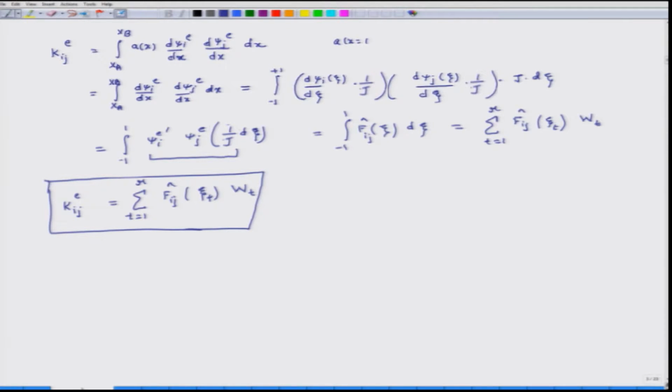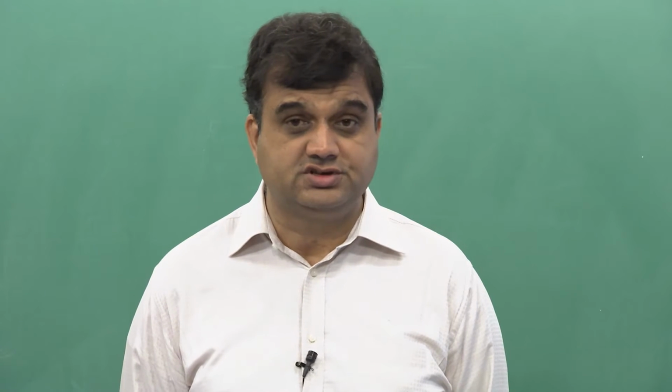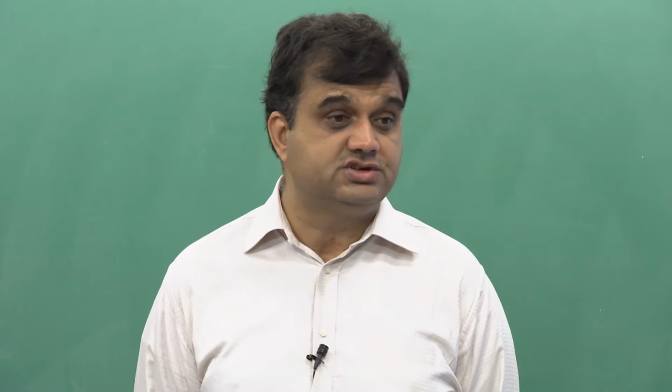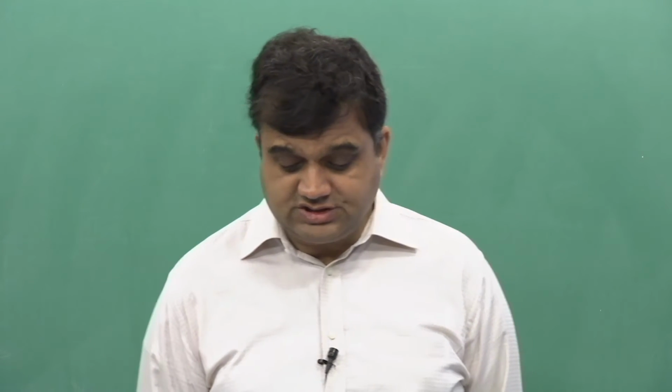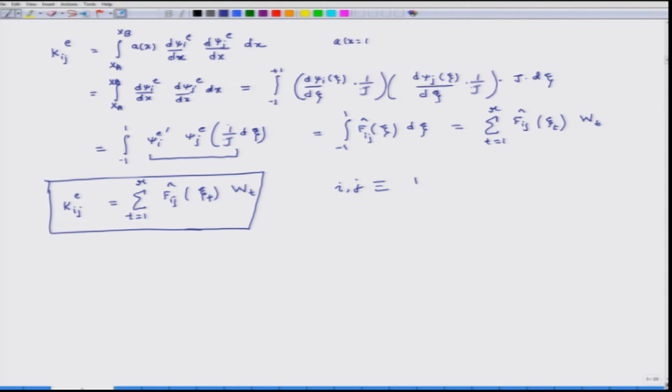The indices i and j, where do they come from? They are associated with the psi functions, which are interpolation functions for what? Because remember we had discussed that we have interpolation functions for geometry and interpolation functions for variable.